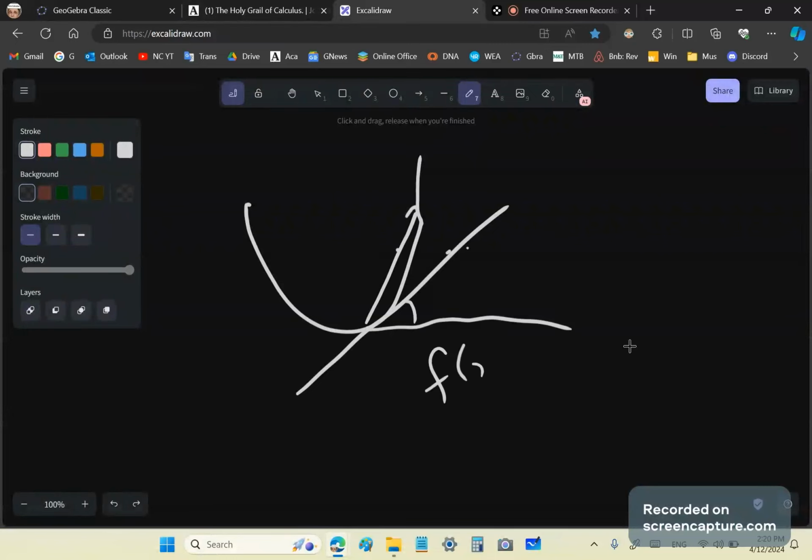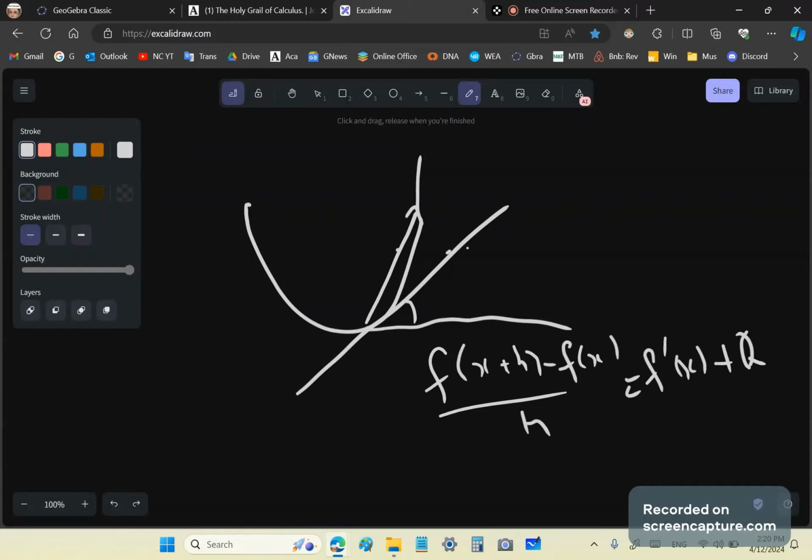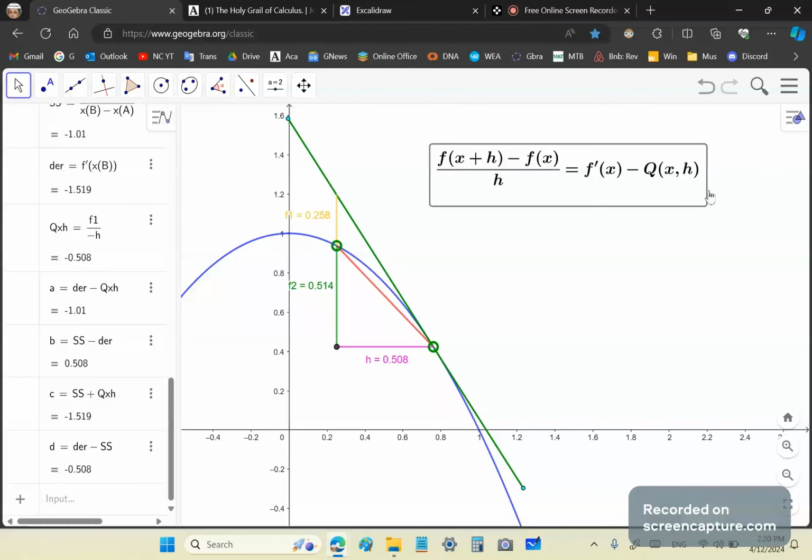So we would write f of x plus h minus f of x over h is equal to the slope of the derivative plus the difference, right? Now, something different happens when we have a curve concave down like this, right? So it's not going to be plus in this case, it's going to be negative.